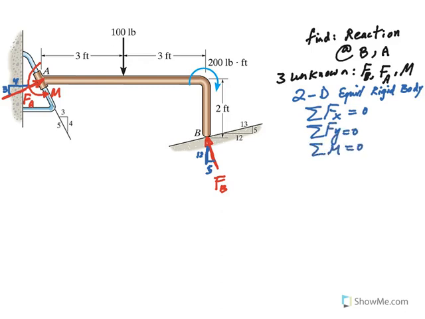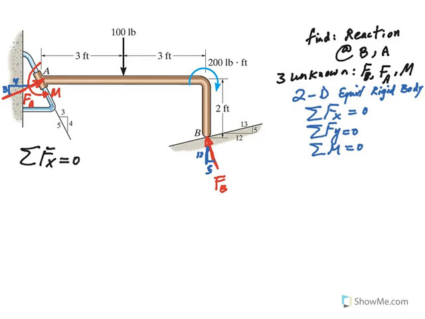Typically if you had a pin connection, you would take moment about the pin and start with the moment equation. But here there is no advantage of starting one equation over the other, so I'll start with sum of the forces in X direction equals 0.